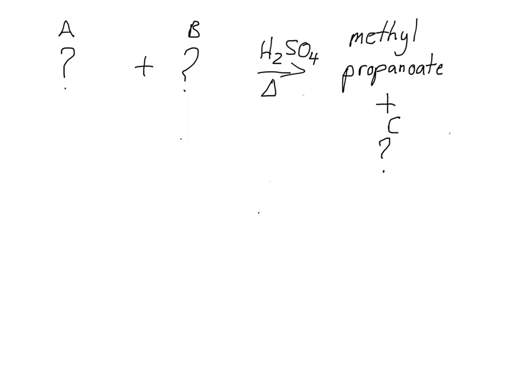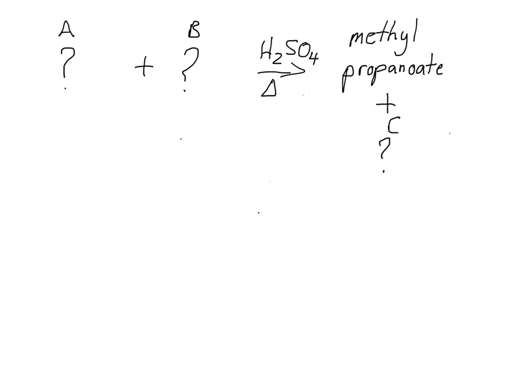Now, what I recommend that you actually do is that you draw out methyl propanoate, because that will give you an indication on what the alcohol and the carboxylic acid were that went into this. Right, so this alcohol, the carboxylic acid that go into this, I need you to be able to predict this. I'm going to give you a few minutes to sort this out. We'll take some questions, and I think we'll call it quits for today after this.